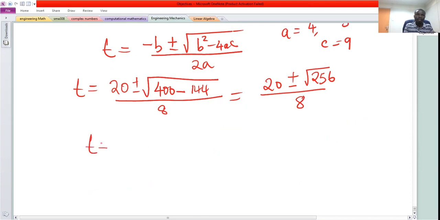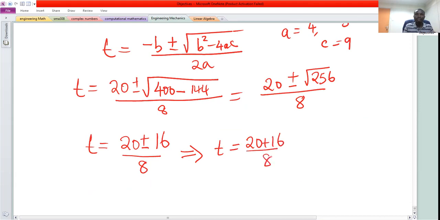So t equals to 20 plus or minus square root of 256 is 16 divided by 8. So it tells us that t equals to 20 plus 16 over 8, or t equals to 20 minus 16 over 8.